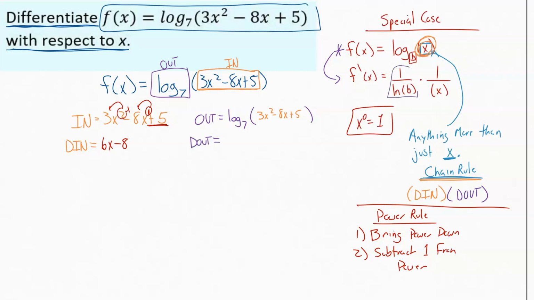So we want 1 over the natural log of the b value, so of our base of our log. In this scenario, we're looking at 7. This would be 1 over the natural log of 7 times 1 over whatever was on the inside there. So for us, this would be 1 over 3x squared minus 8x plus 5. We're done at this point.